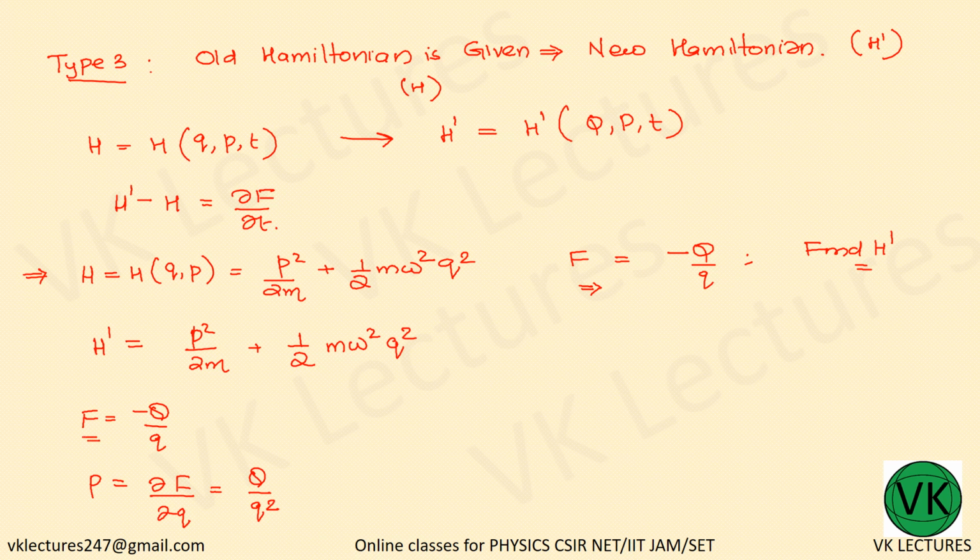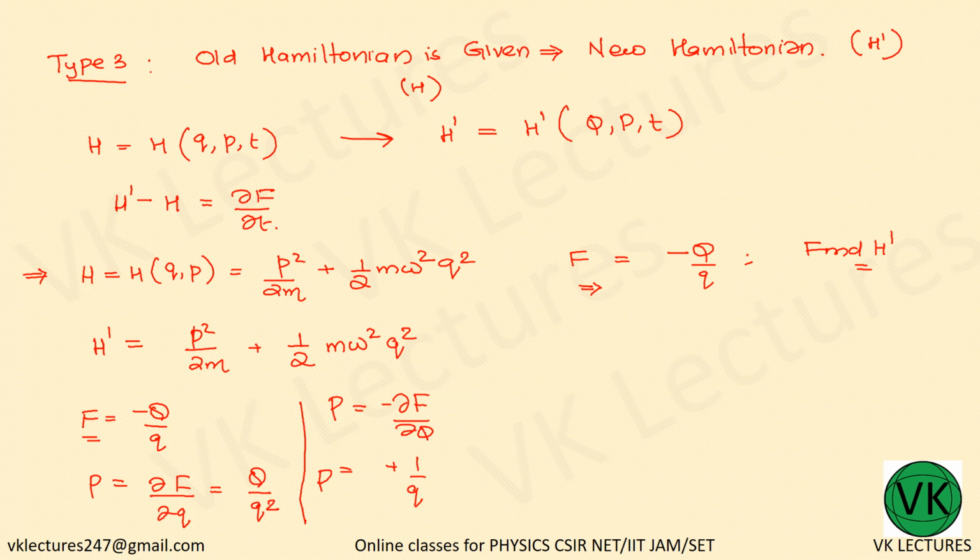Similarly, we can find out capital P, which is equal to minus dou F by dou capital Q, that's equal to minus of minus plus 1 by small q. So capital P is equal to 1 by small q and small p is equal to capital Q by q square.